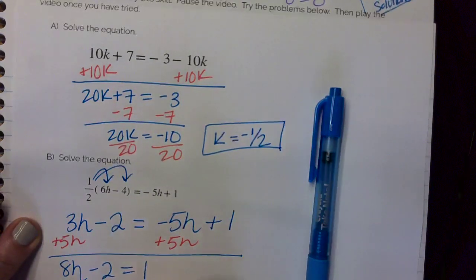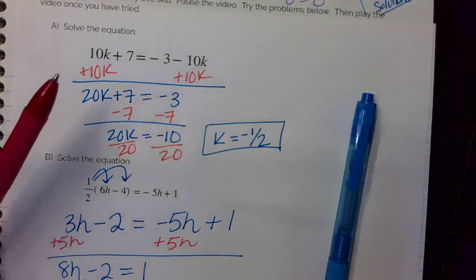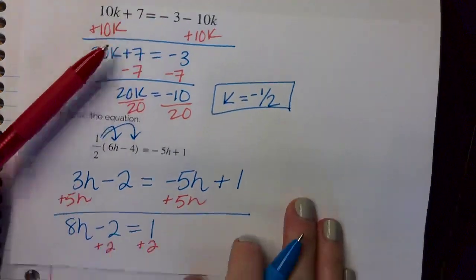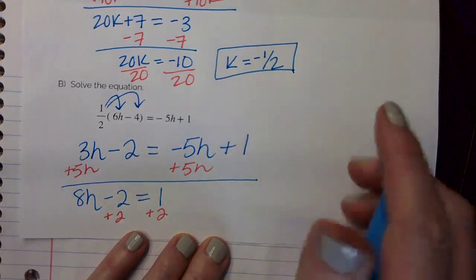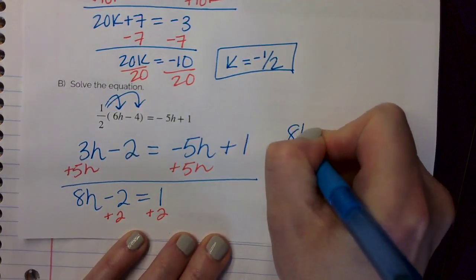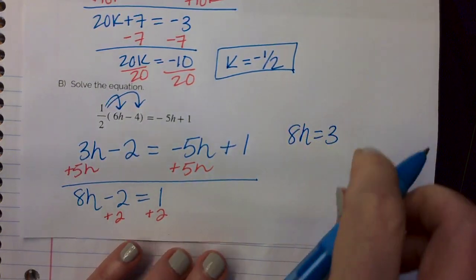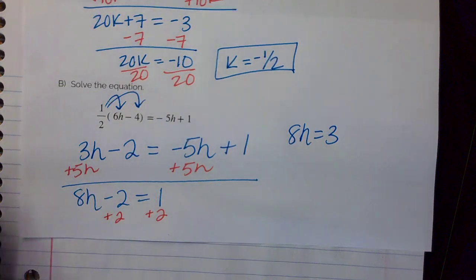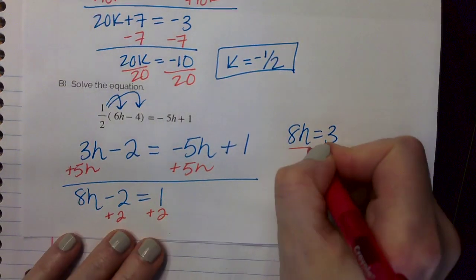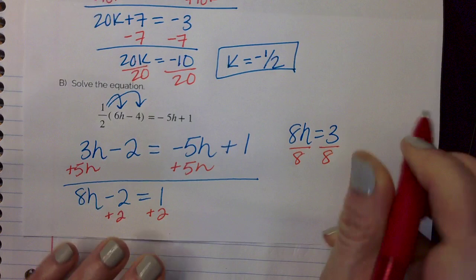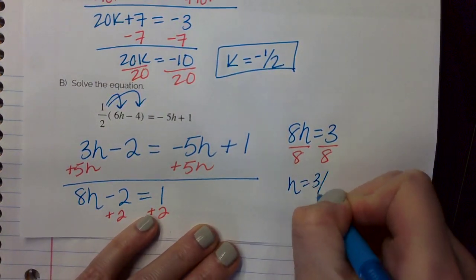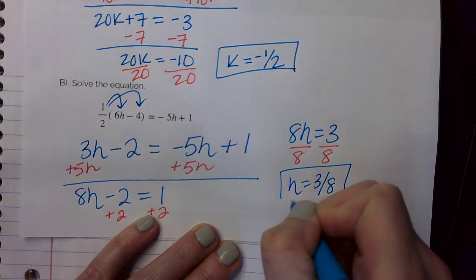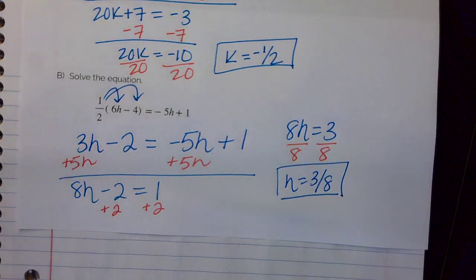Let me add 2 to both sides and get 8h equals 3. I will divide both sides by 8. Get h equals 3/8. And again, you can go ahead and follow the steps to check your answer.